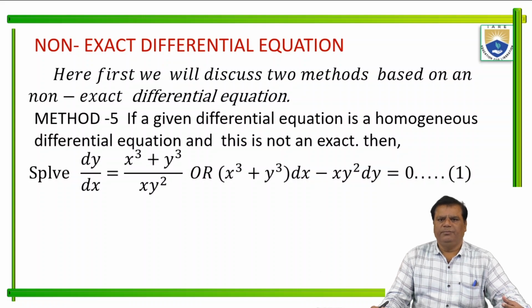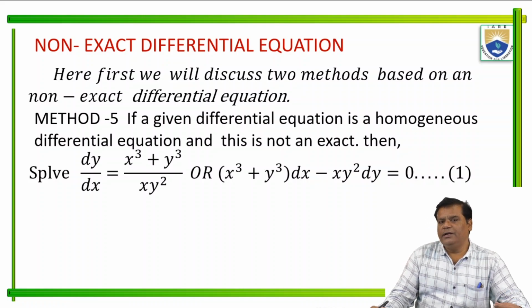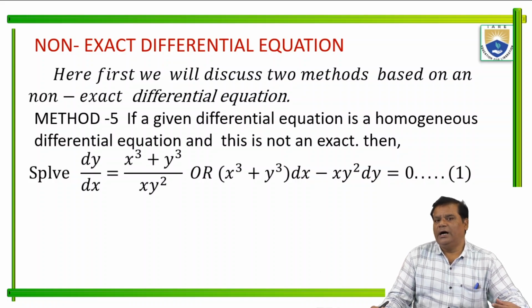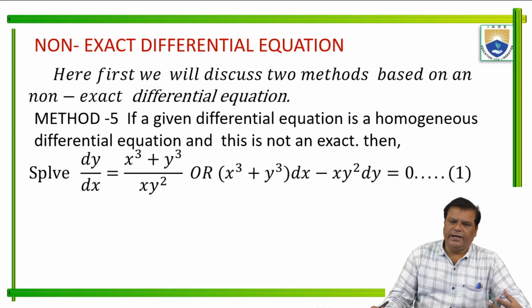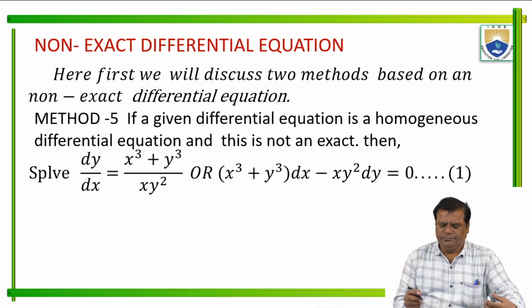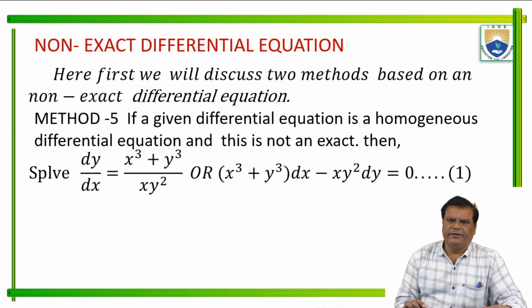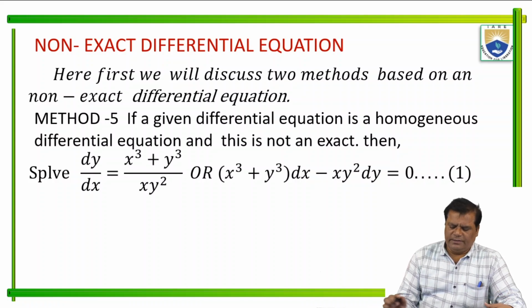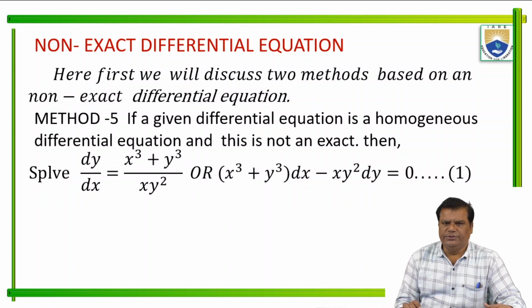So we are showing here how a homogeneous differential equation is always non-exact. This one question is given here. First of all, we show that this differential equation is homogeneous. What is the definition of homogeneous?